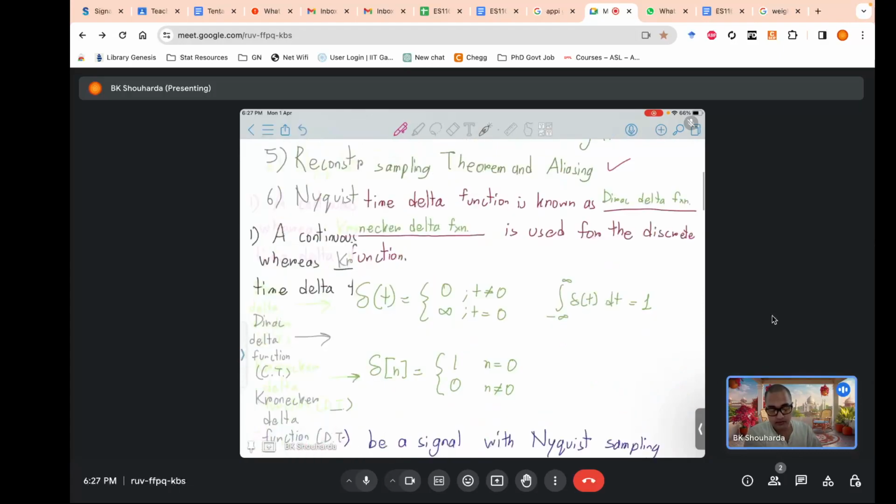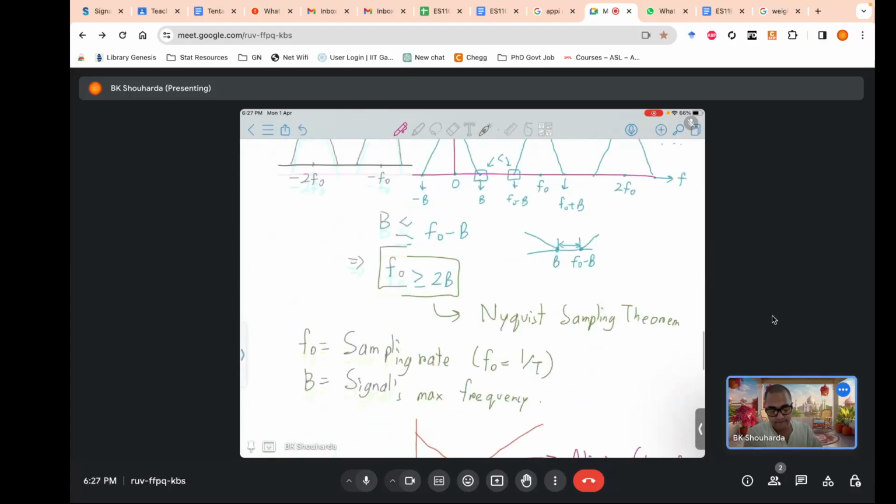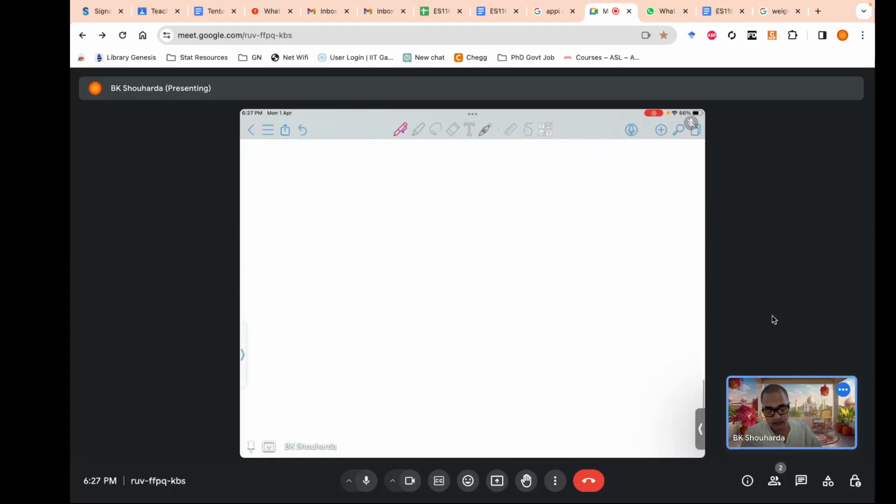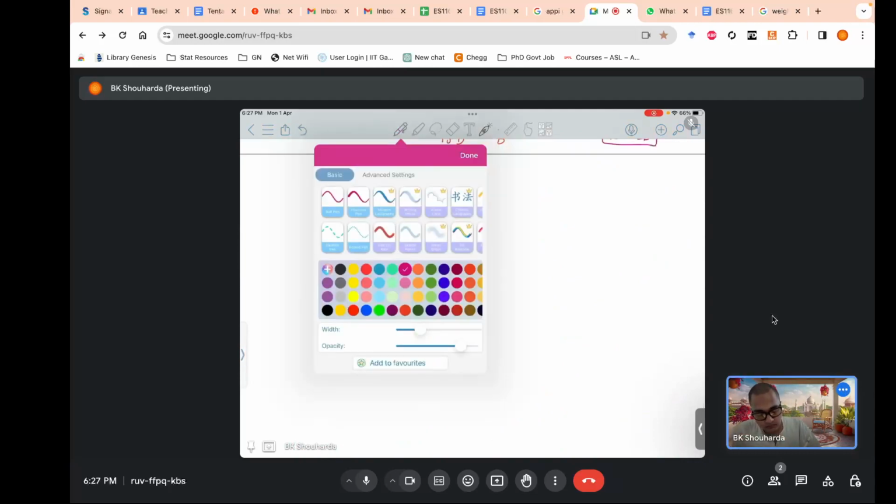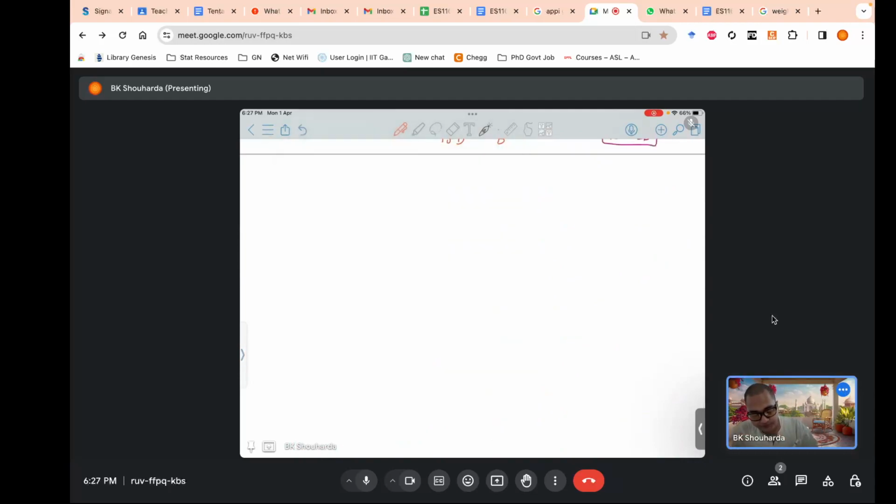And how do we reconstruct this signal when we have this excess of f, when I want to recover back this signal?